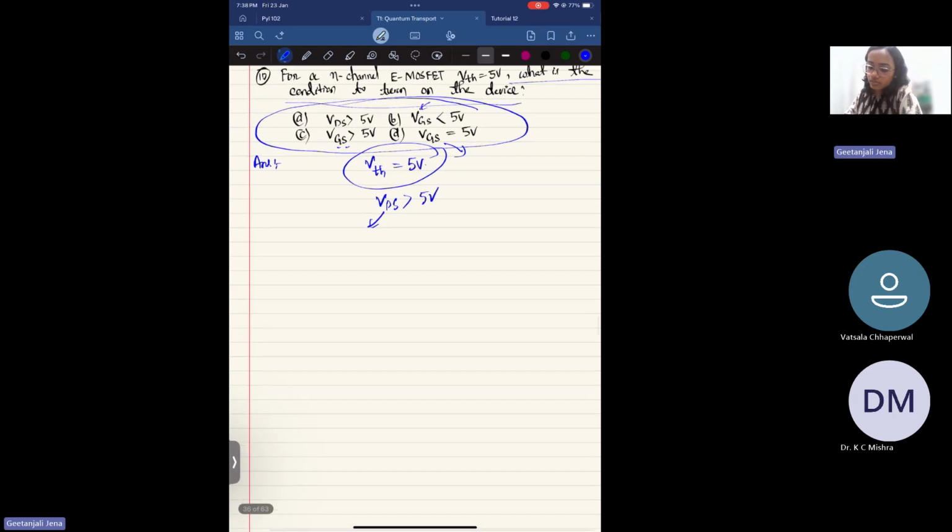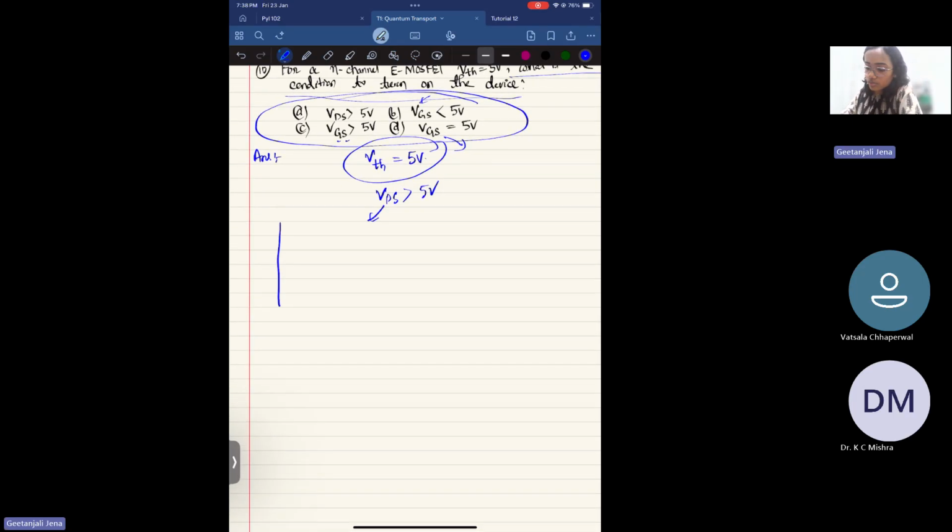It's better, I think, if I go through the plots. This is IDS. This is V threshold, VGS. This is the IV characteristics. Or we can also plot it in terms of the gate to source voltage.